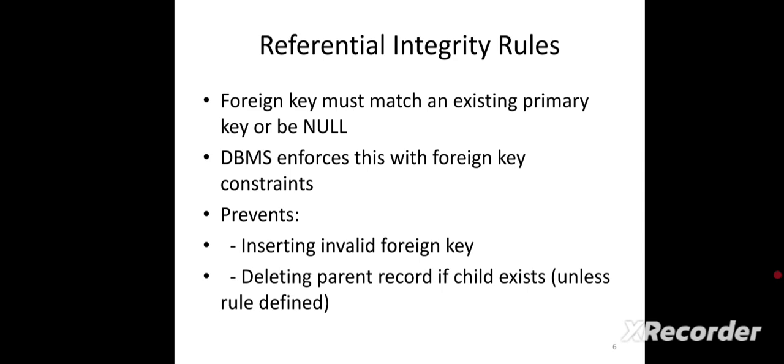You can't delete a parent record if there are child records referring to it, unless a rule like cascade or set null is defined. These rules prevent broken references and keep your data model intact and reliable. It also ensures that developers and applications using the database always get accurate and complete data.